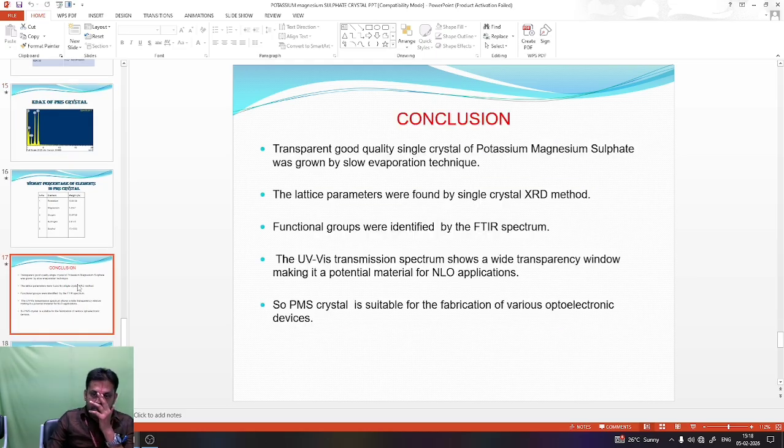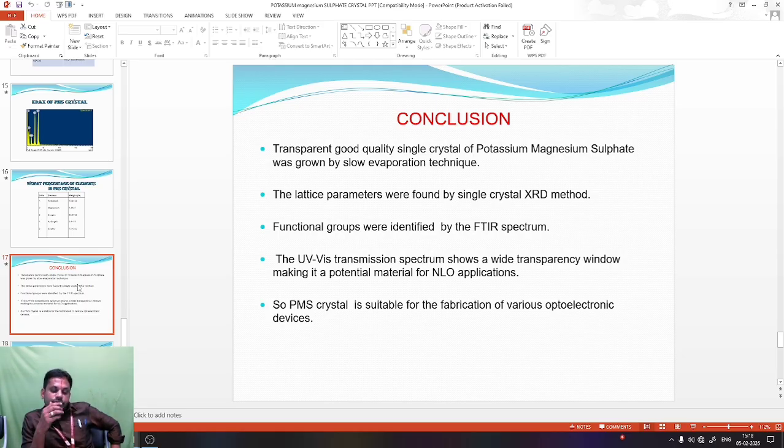So finally we come to the conclusion that the grown crystal has a sufficient volume, nearly 1.5 centimeters long, and the crystal, potassium magnesium sulfate, is a good quality transparent one. The lattice parameters a, b, c and alpha, beta, gamma were found by the XRD method, which confirms that this crystal is from the monoclinic system.